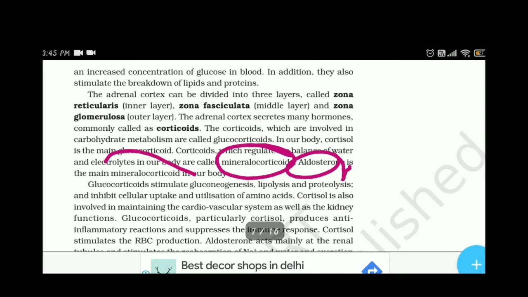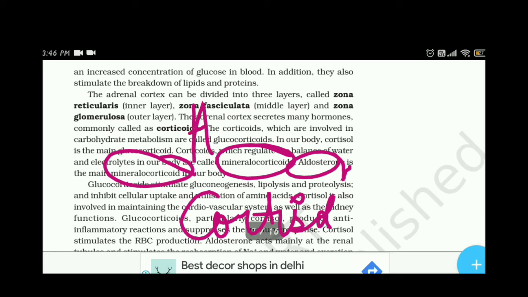Aldosterone is the main mineralocorticoid in our body. The main glucocorticoid is cortisol, and the main mineralocorticoid is aldosterone.